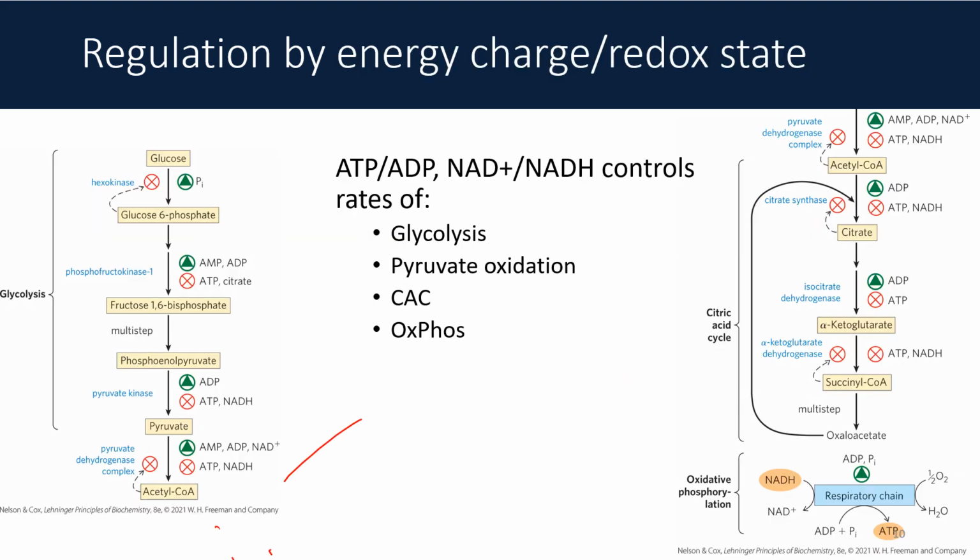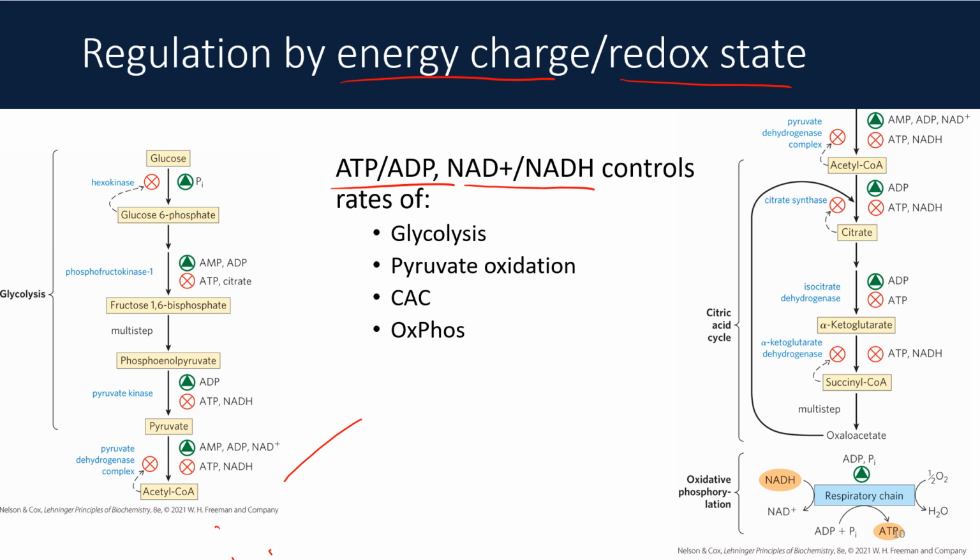Two additional very important parameters that regulate the flux of respiration in the cell are going to be the energy charge of the cell, which we've talked about before. You can sort of think of it as the ratio of ATP to ADP, and also the cell's redox state, which is going to be its ratio of NAD plus oxidized to NADH reduced.